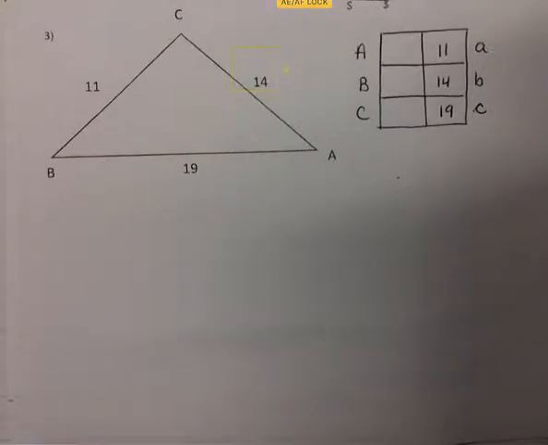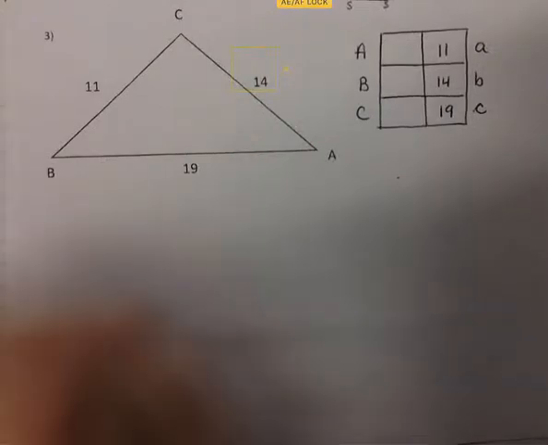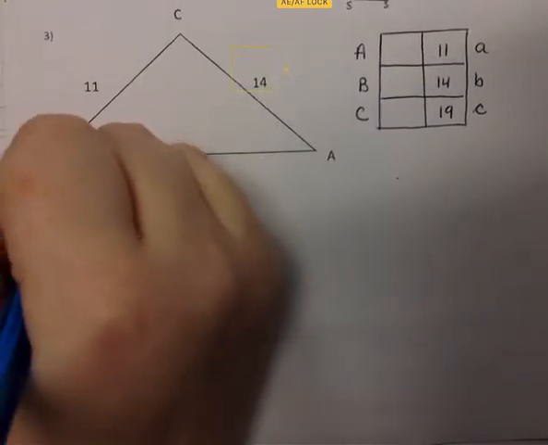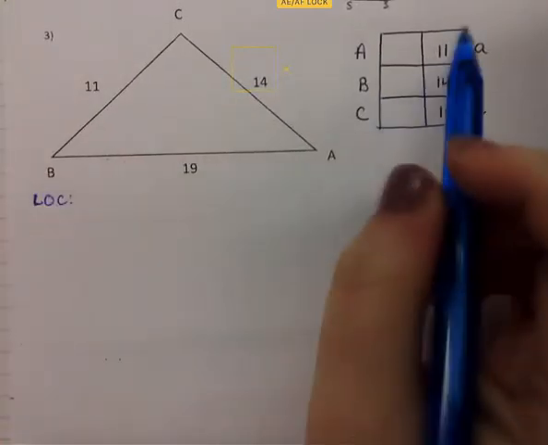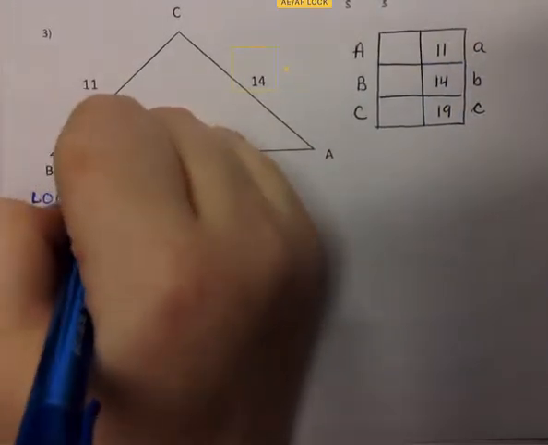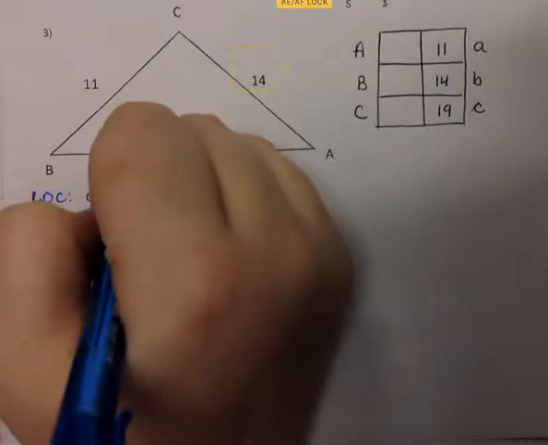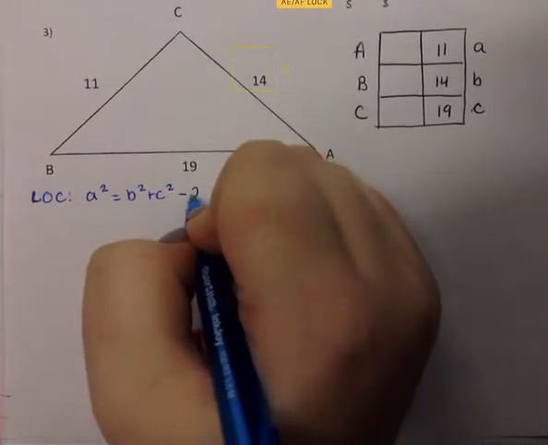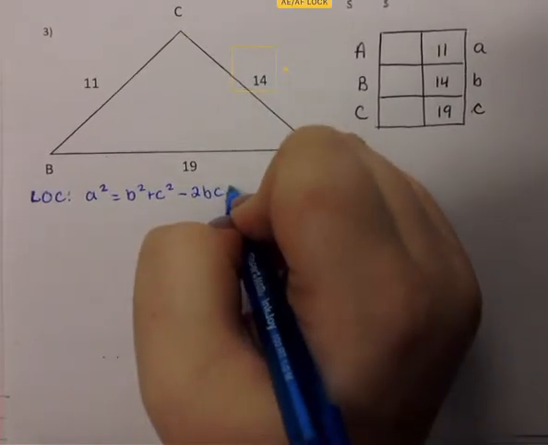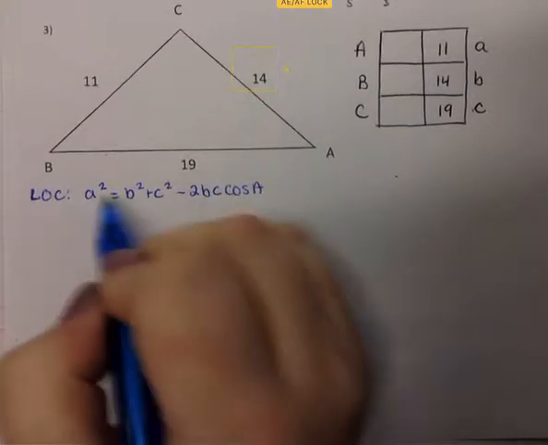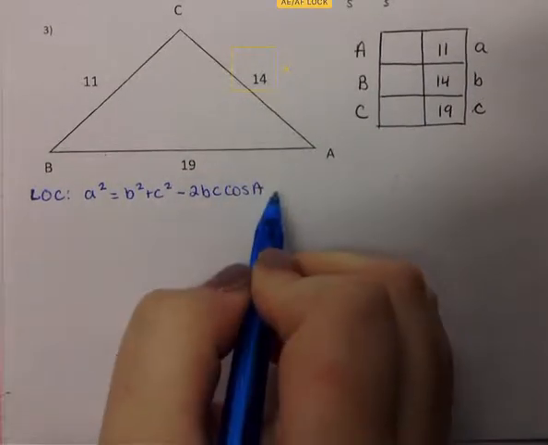So if we set up our law of cosines, if we're using little a in the beginning, we're going to have little a squared equals b squared plus c squared minus 2bc cosine of big A. So again, B and C, little a is in the front, A is in the back.